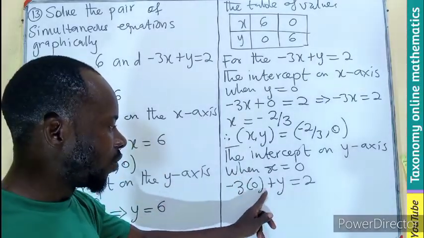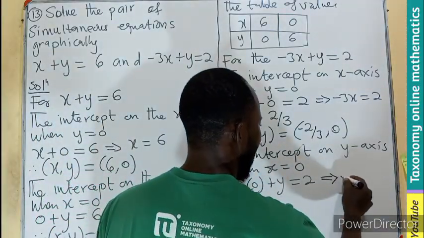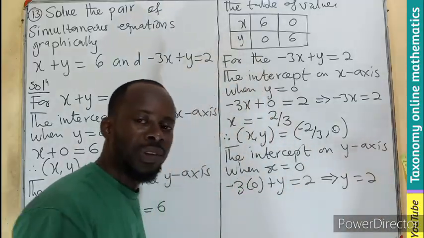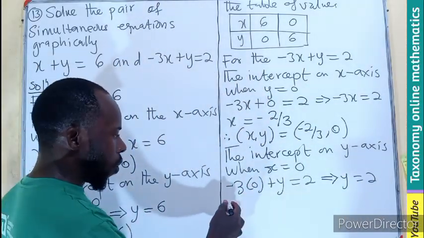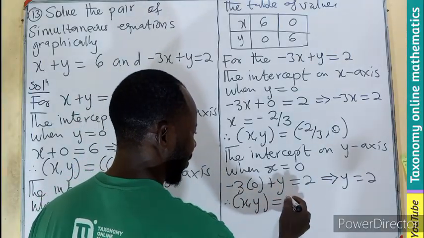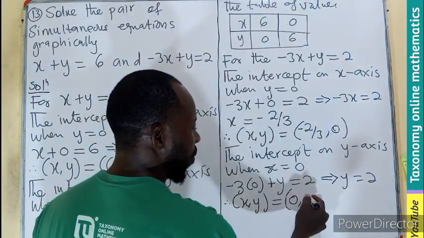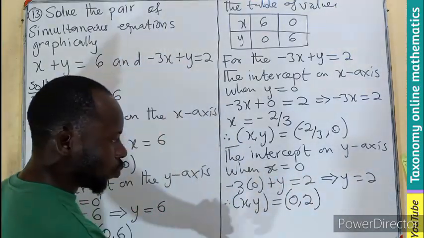You agree with me that this will give you 0. So that implies that y will just be positive 2. What will be the coordinate? On the x-axis, I'll have 0. On the y-axis, I'll have 2.